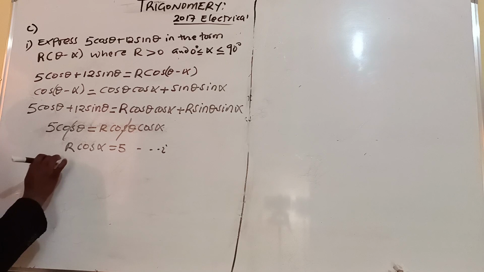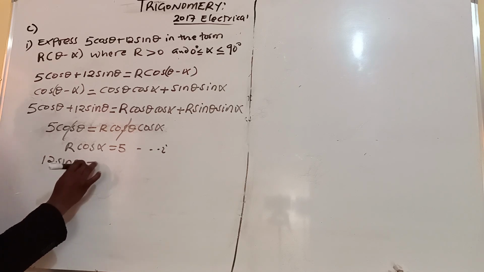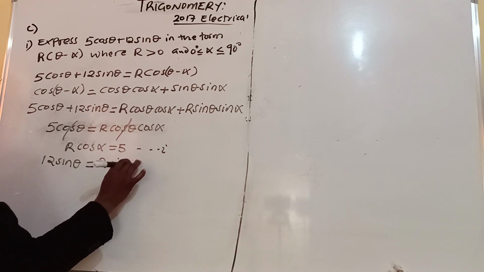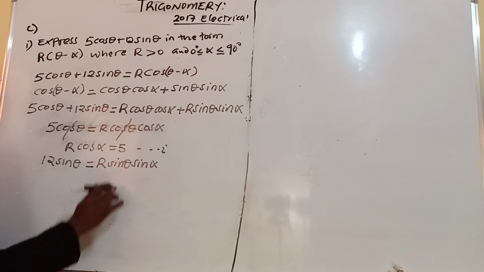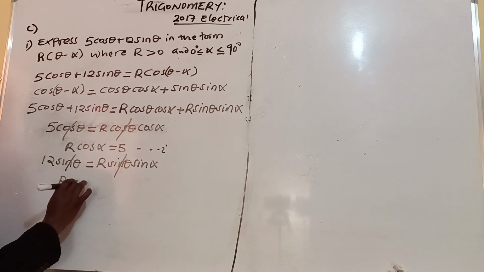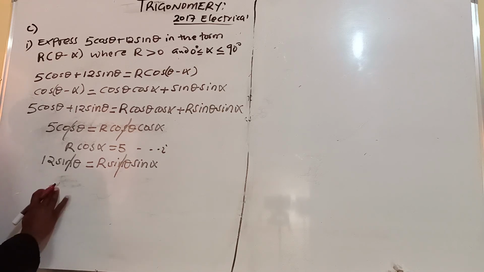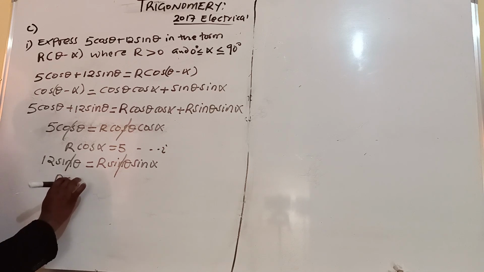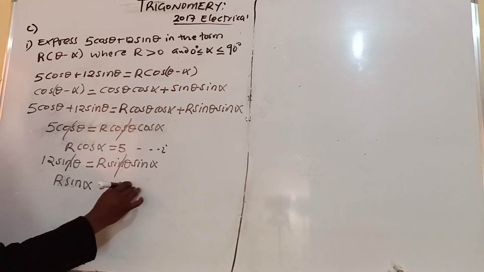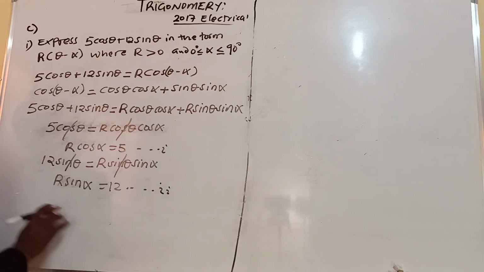And then you have 12 sin theta is equal to R sin theta sin alpha. Cancel out the sin theta. You have R sin alpha is equal to 12. Call this one equation 2.